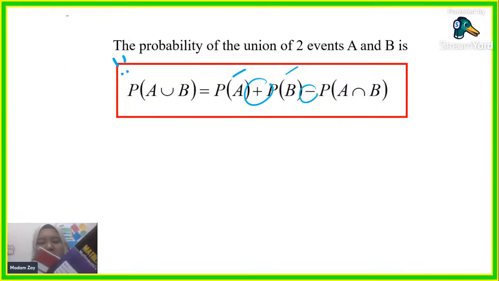If we just take the probability of A and B, the intersection part will be counted two times. So we have double the intersection part. That's why we need to subtract one of the intersection parts. So we subtract the probability of A intersect B. Okay?